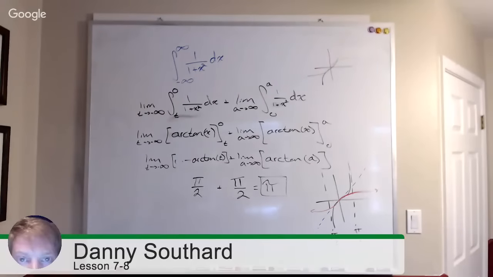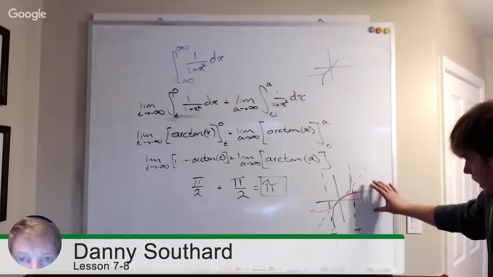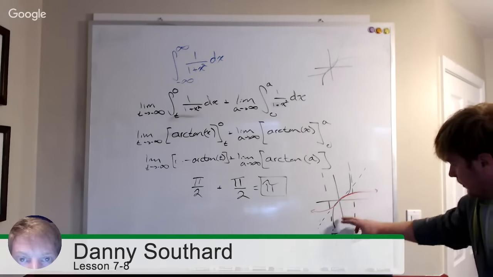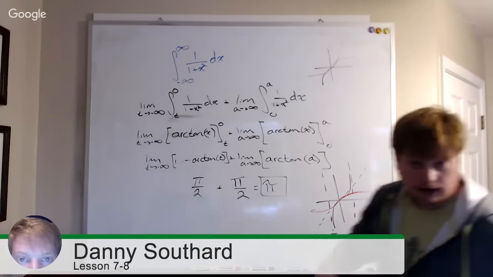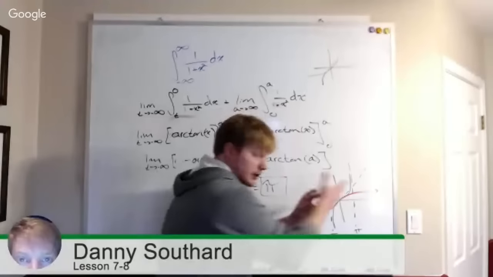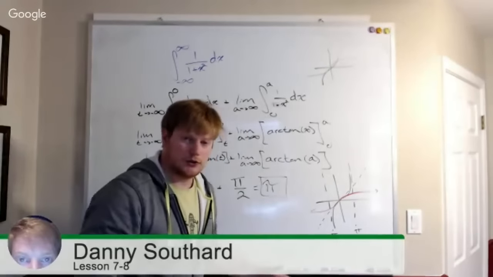Okay, so Alice, I hope that answers your question. That's a good question, though. But yeah, I'm going to say that at this stage in your mathematics career, you should know what tangent looks like, and you should be able to take a piece of tangent and flip its domain and range, because that's what you do when you take the inverse of something.